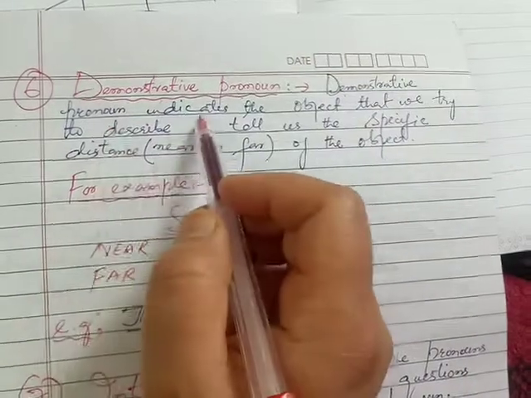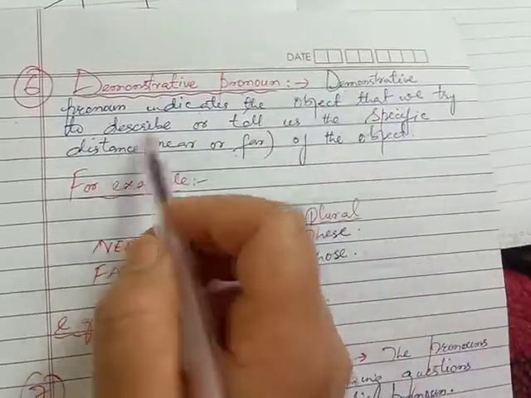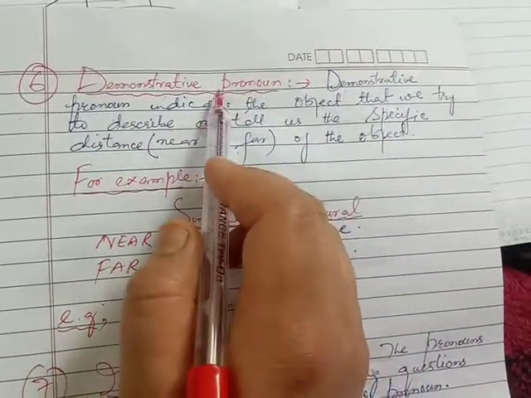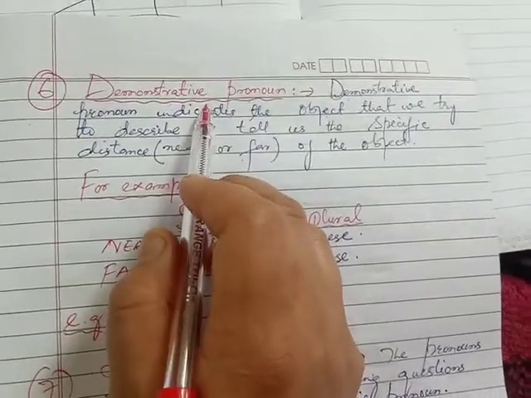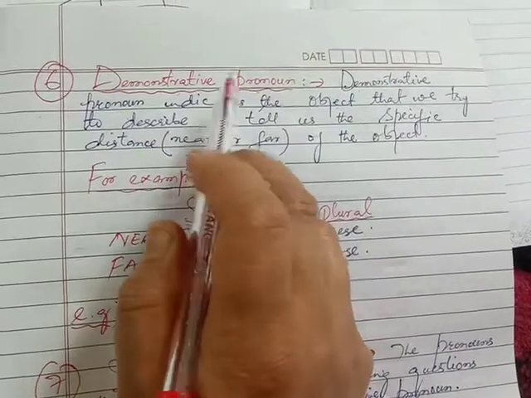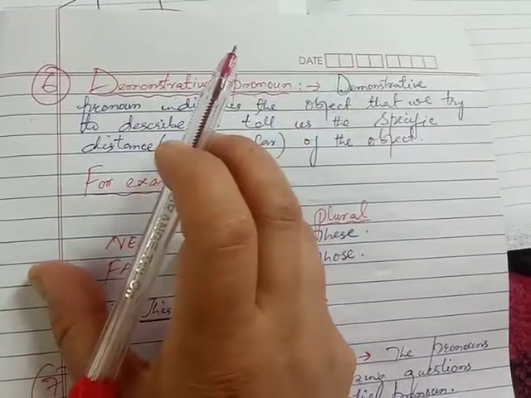Demonstrative pronouns indicate the object that we try to describe. In simple words, my dear students, demonstrative pronouns tell us about the specific distance, whether the object is far or near from us.